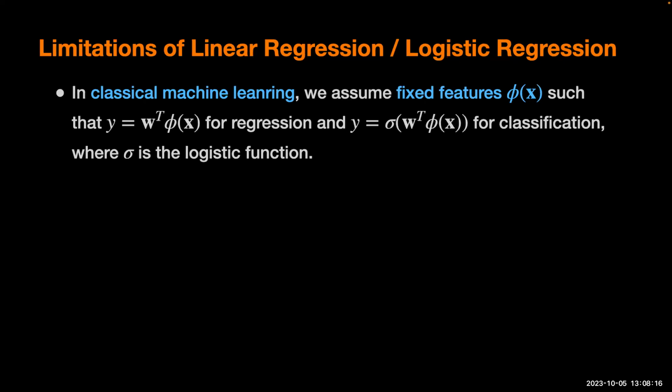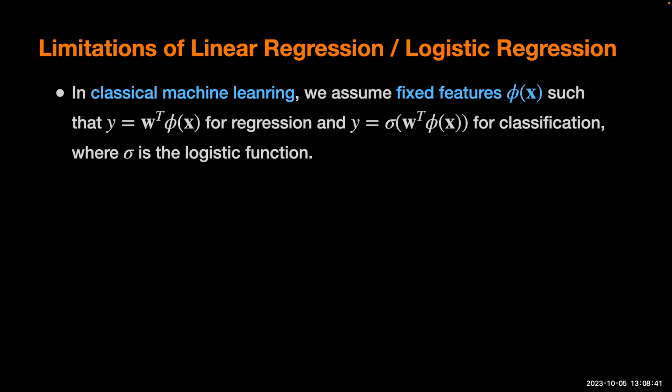And this is nice because when you do the optimization, it's also convex and everything is super nice. For classification, it's slightly more complex, but since the sigmoid function is just a monotonic function, gradient descent will also work quite quickly. Hopefully, you have seen that in your assignment.